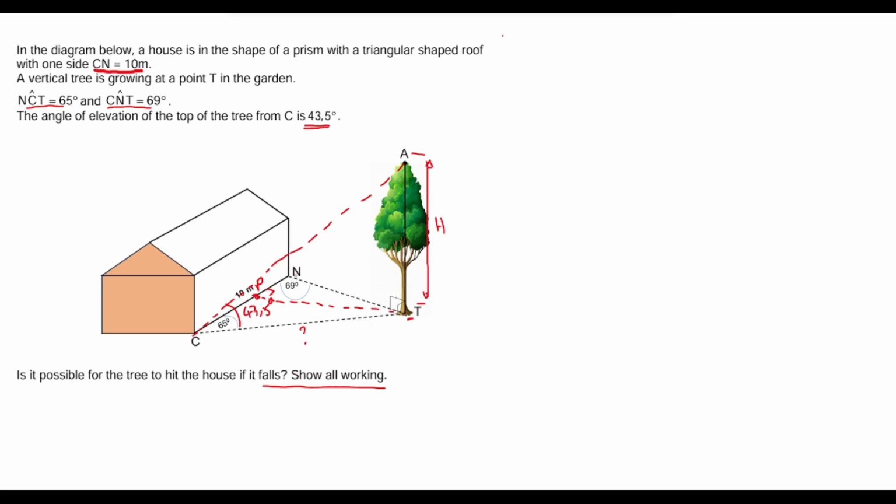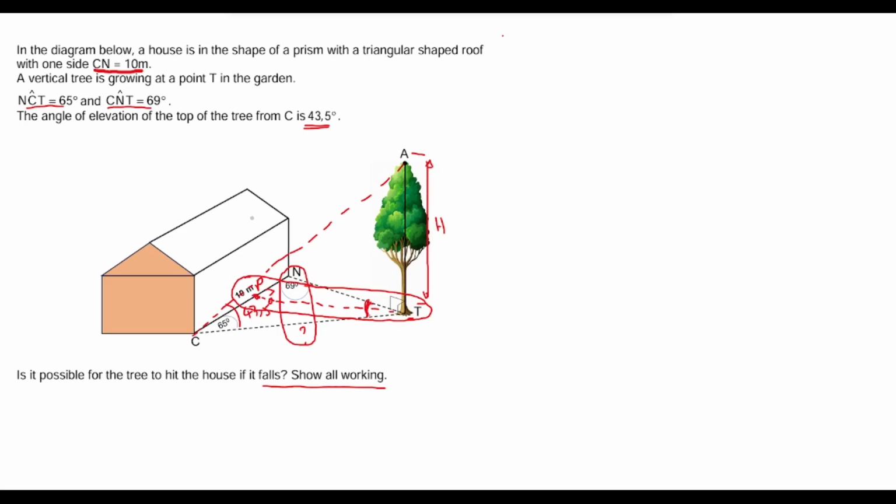Now how can we find the length of the side CT? We have the side here, 10 meters, CN. We can use this side with the angle T, so we need to find angle NTC. How do we find angle NTC? We can use angles in a triangle.